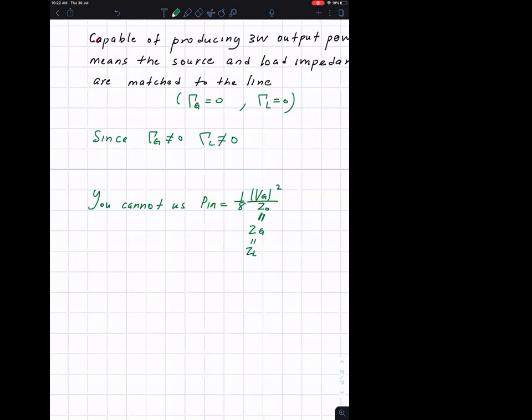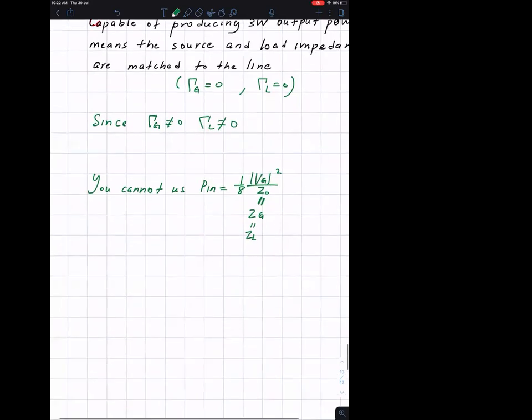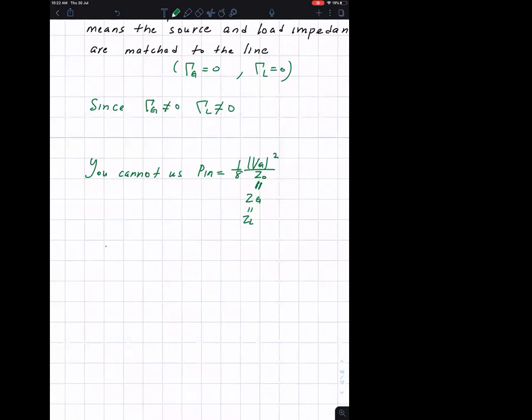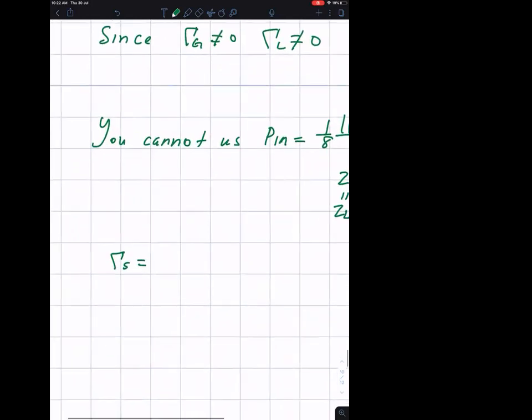Since they are not matched, the transmission line will have reflection at the source. Gamma S is ZG minus Z0 divided by ZG plus Z0.